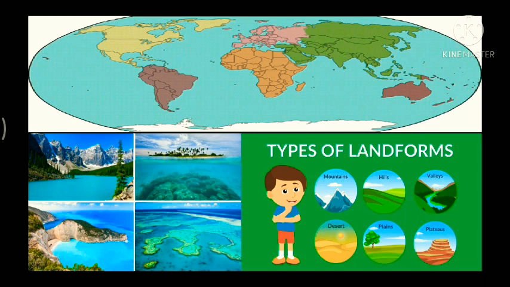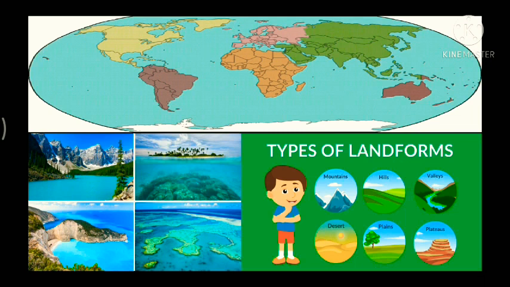Now, the smaller water bodies are called seas, gulfs, rivers, and lakes. Likewise, the land masses have different landforms like hills, mountains, valleys, and plateaus.